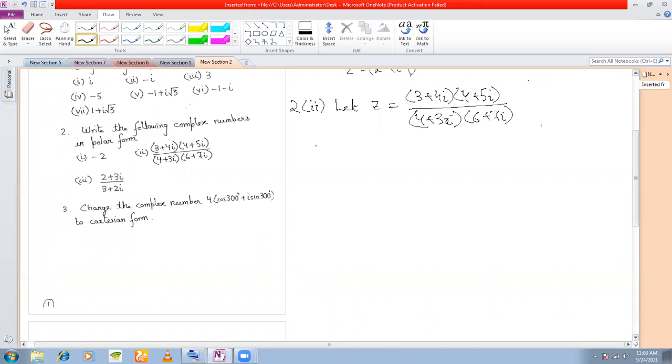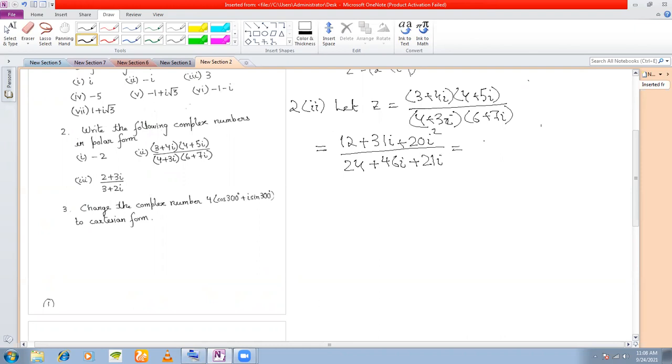So in order to find out the modulus, you multiply the numerator to get 12 plus 31i plus 20i square, your usual multiplication. And the denominator, you'll get 24 plus 46i plus 21i square.